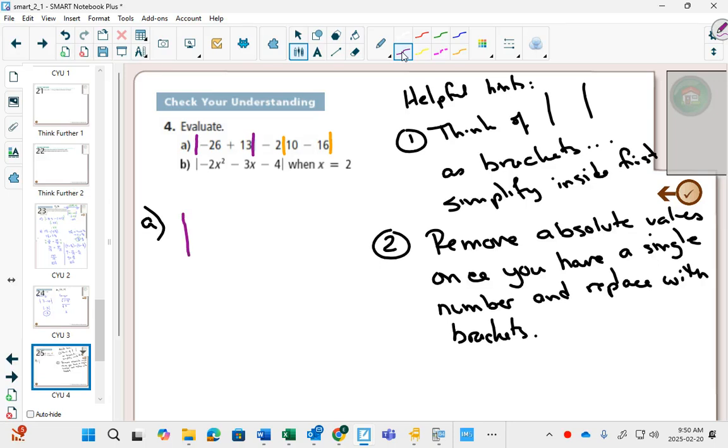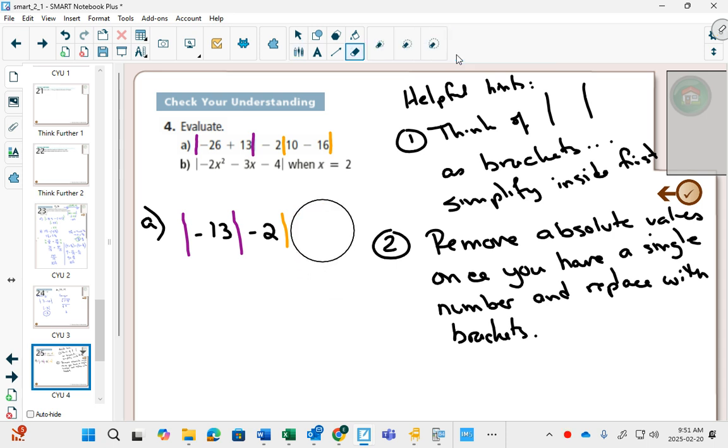Inside the purple ones, I would have -26 plus 13. That would give me -13. And then I still have the -2. And then inside my orange ones, 10 minus 6 would give me -6. So helpful hint number 1: I think of those absolute values as brackets and I simplify them first.